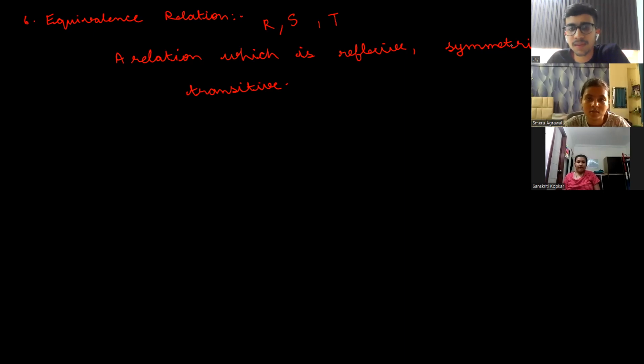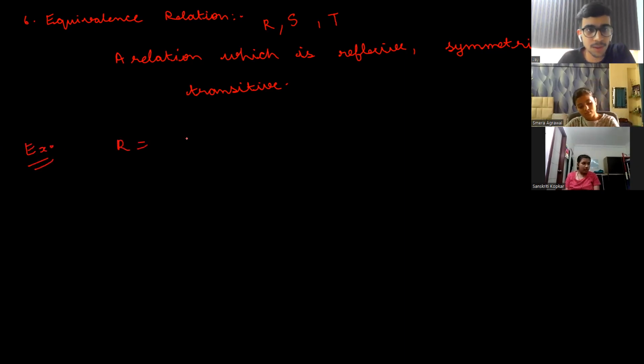Okay, transitive में it's like A comma B, B comma C, and then A comma C should exist. ठीक है? और equivalence is that the relation should satisfy all of these conditions. ठीक है? So let's do an example.